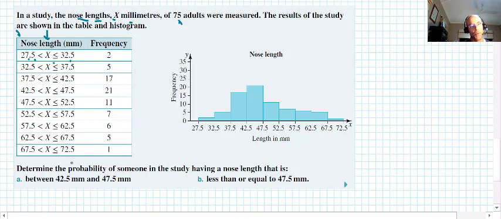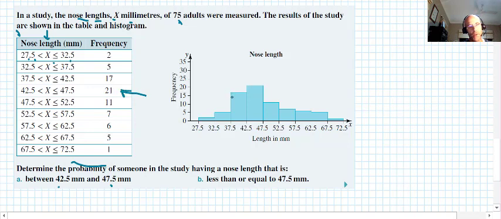Determine the probability of someone in the study having a nose length that is between 42.5 millimeters and 47.5. Whether you read it off the graph or straight out of the table, it's probably easier to read it straight out of the table. We're looking at that there, so we have a frequency of 21.